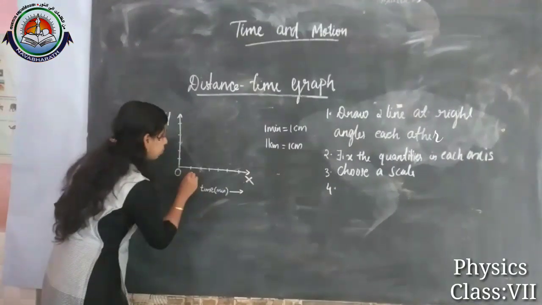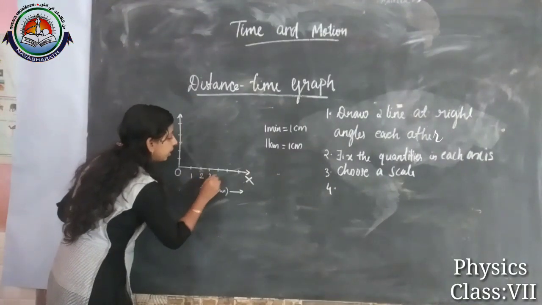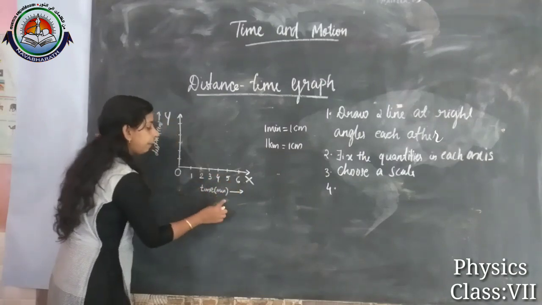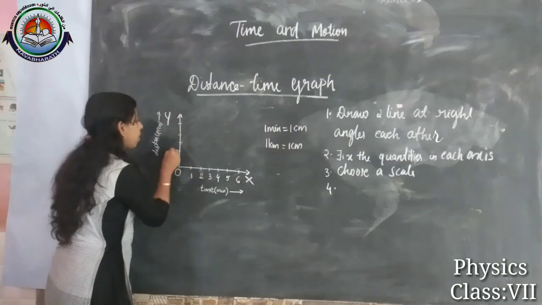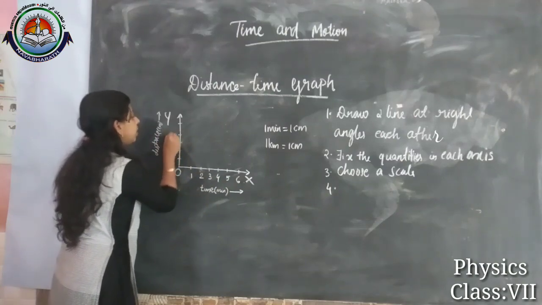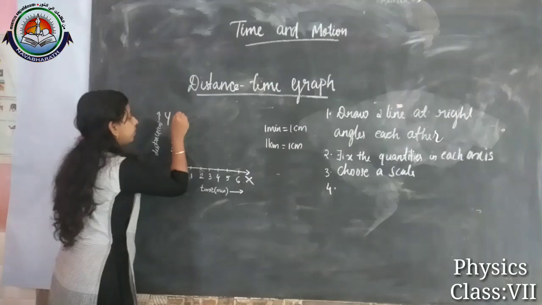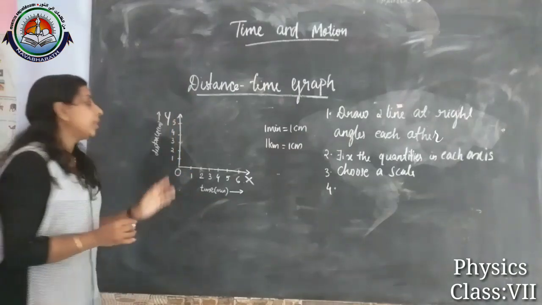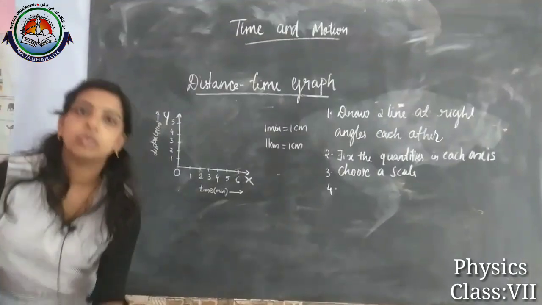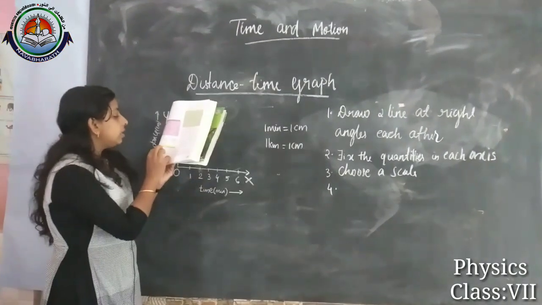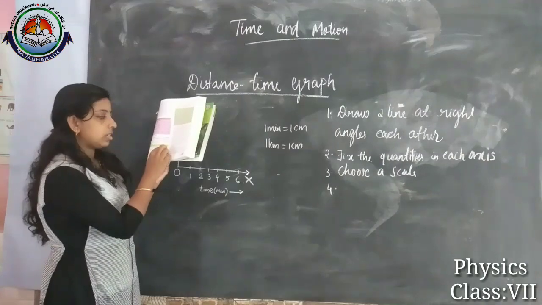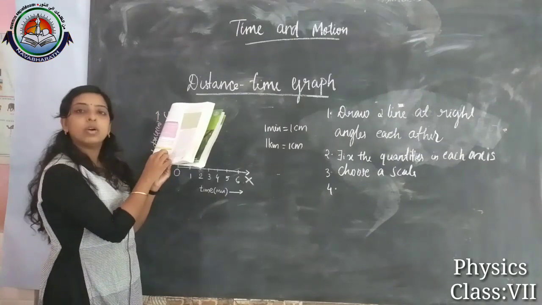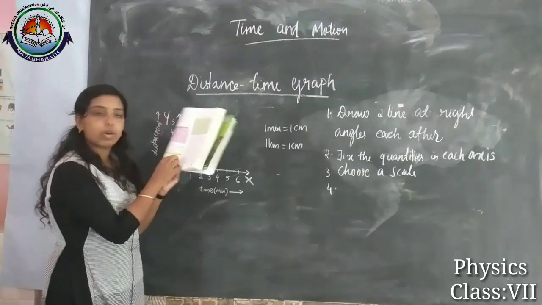Here we can write 1, 2, 3, 4, 5, 6. These are all the values in minute. Here also we can write 1, 2, 3, 4, 5. Okay. Then what we need to do? Here in this table also you can see that when the time is 0, distance also 0. When the time is 1 minute, the corresponding distance is 1 kilometer.